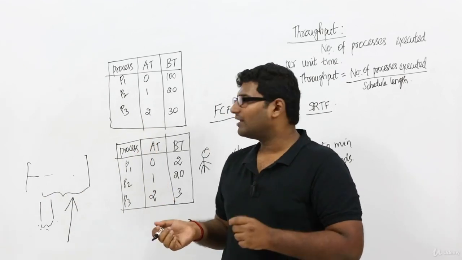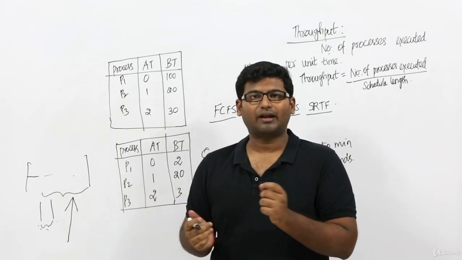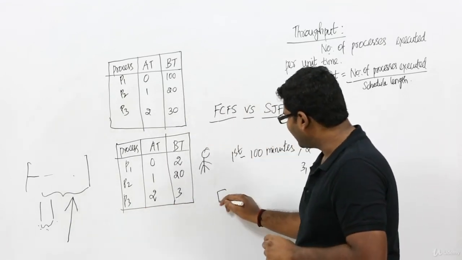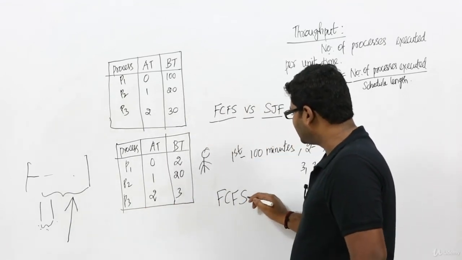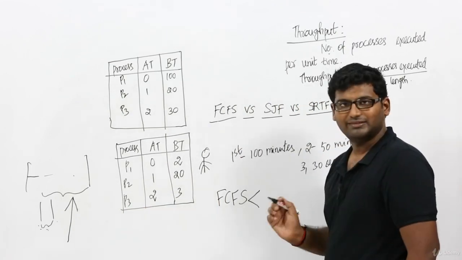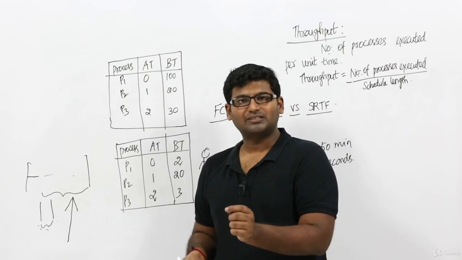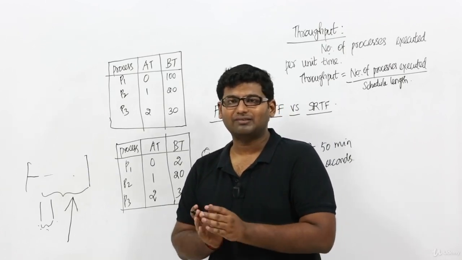But in case of FCFS or SJF, that will not happen. One thing is very sure, throughput of FCFS will definitely be less than that of both SJF and SRTF. Why? Because FCFS only considers the process which came to the RAM first. It will not think about anything.